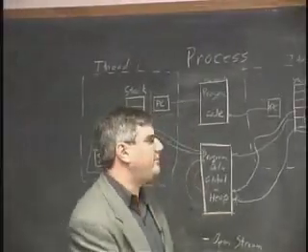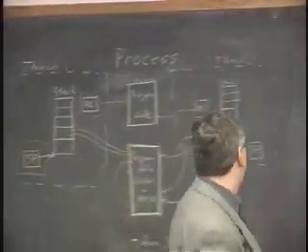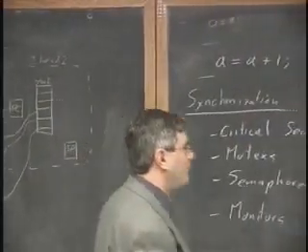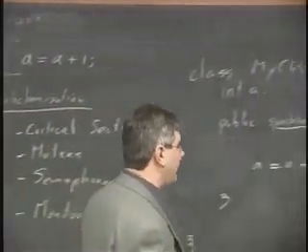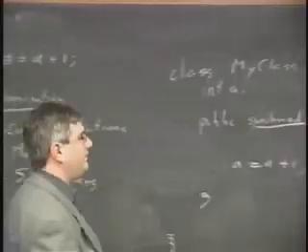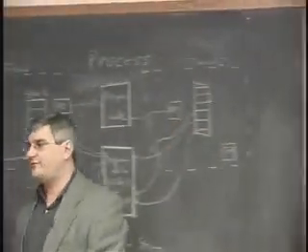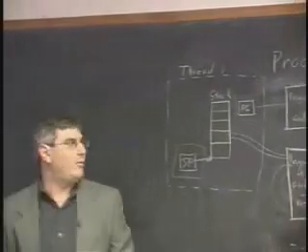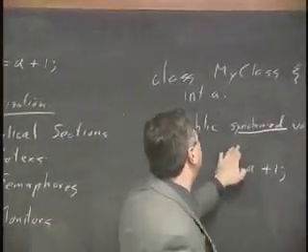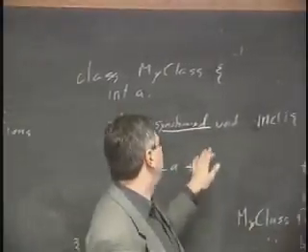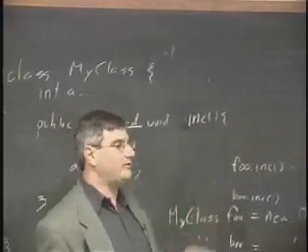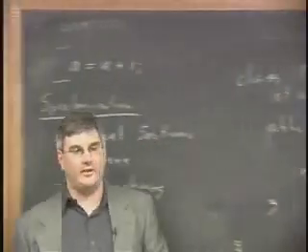Okay, one last topic which somebody brought up, which we have to watch out for when we're using synchronized methods or any locking mechanism, is deadlock. This happens when you have processes that want to call a synchronized method on one instance, and then inside that go and call a synchronized method on another instance.